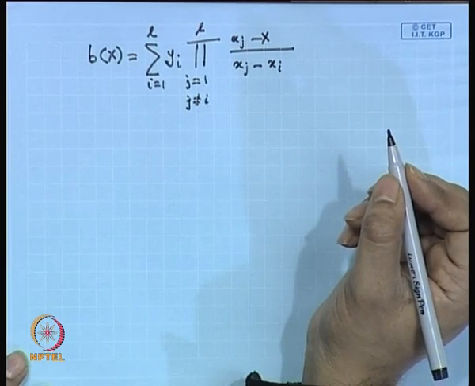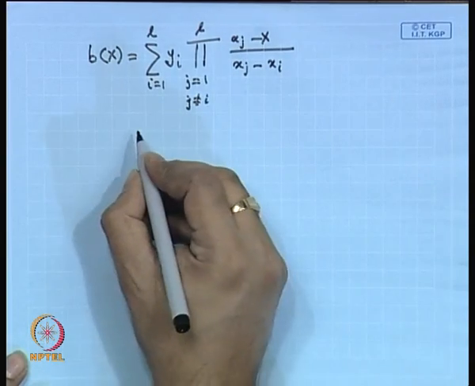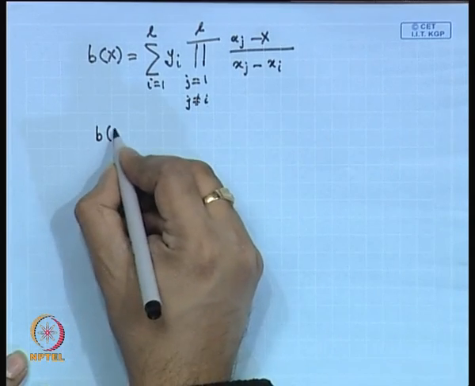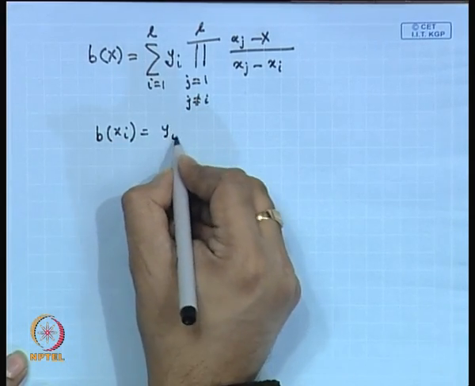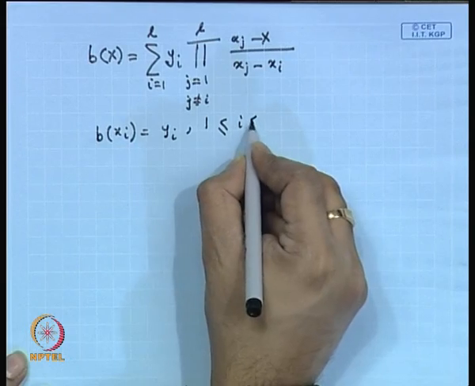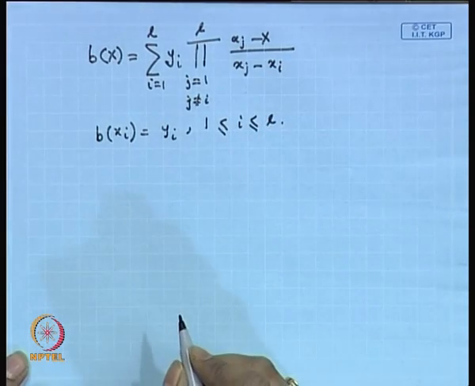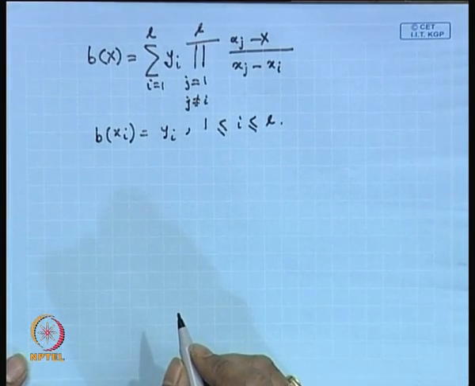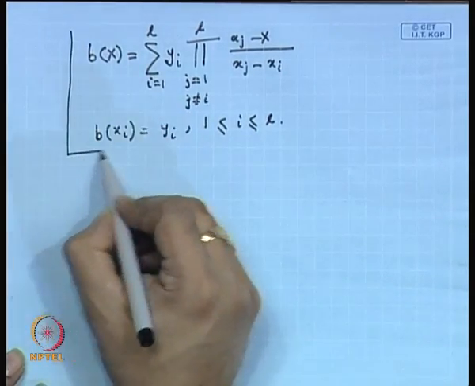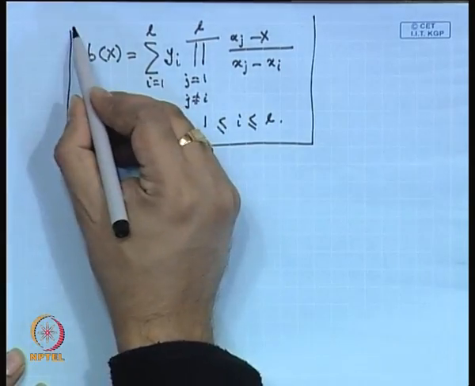Okay. So, this polynomial will satisfy b of x_i equal to y_i for all i from 1 to L. This is what the Lagrange's interpolation formula says.